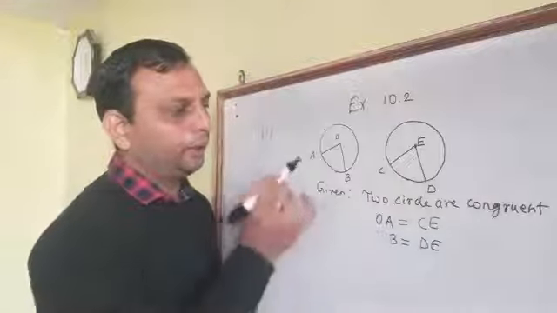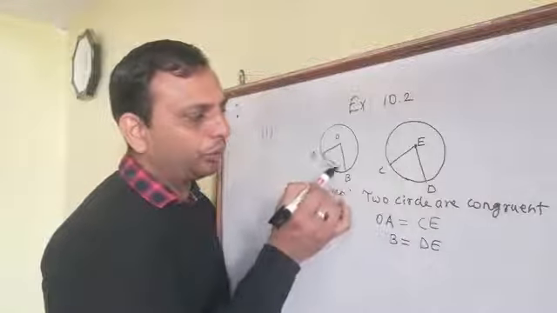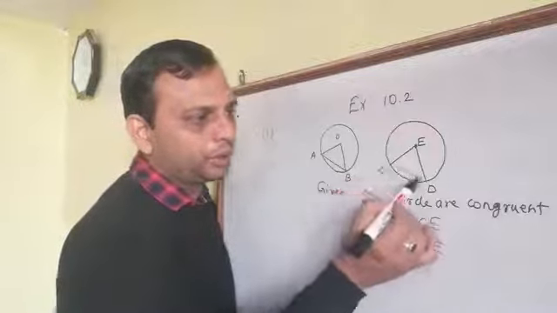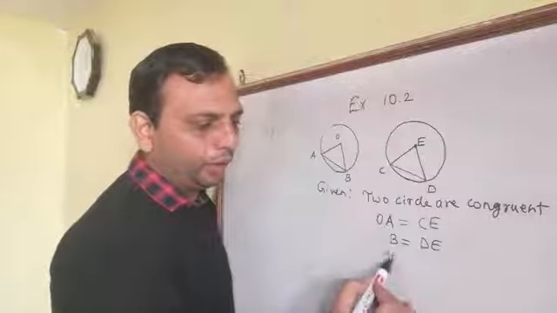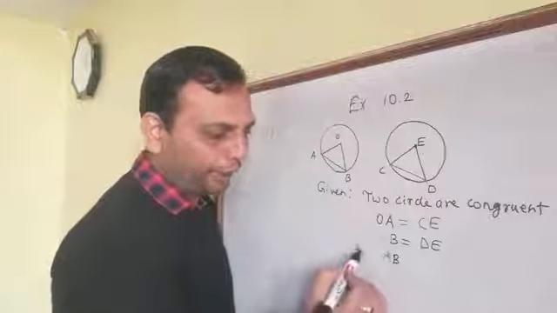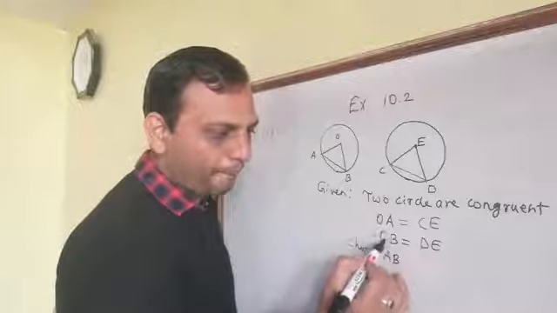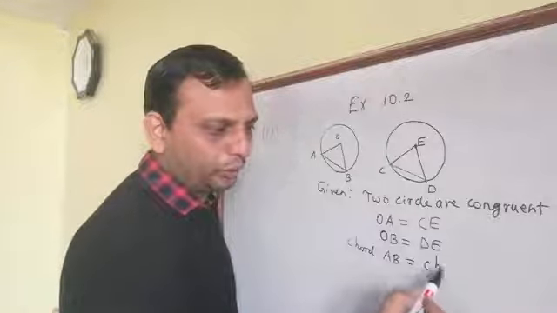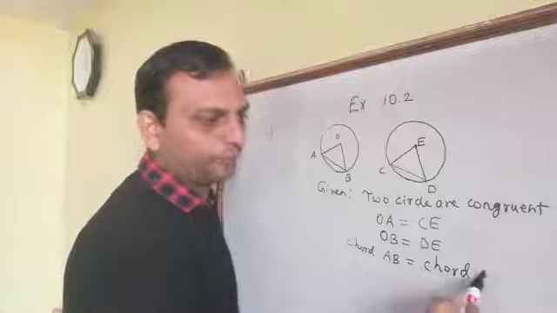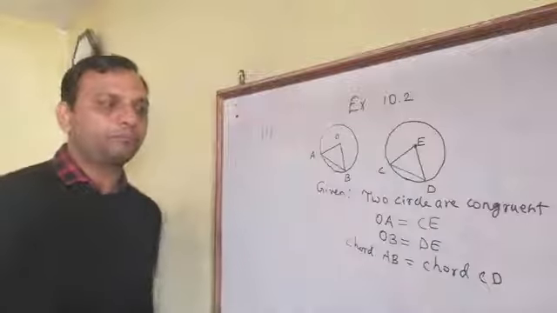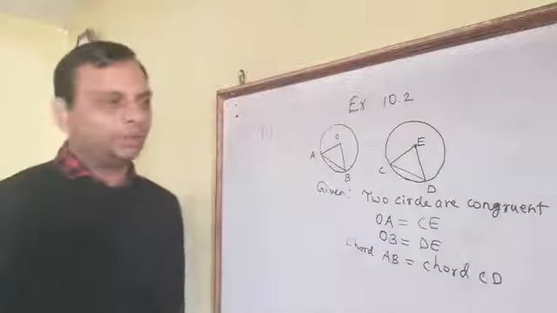And according to this question, we have to make one chord here. Chord AB is equal to chord CD. These two chords are equal to each other.